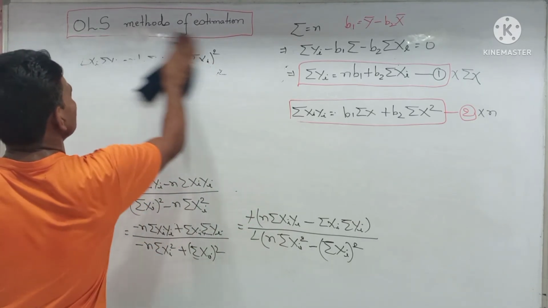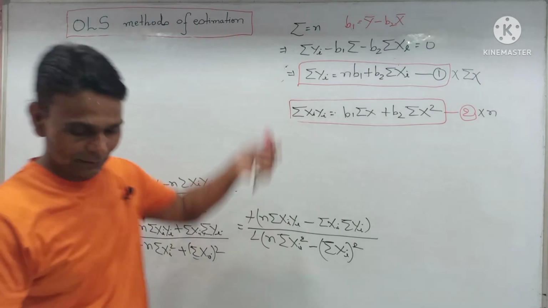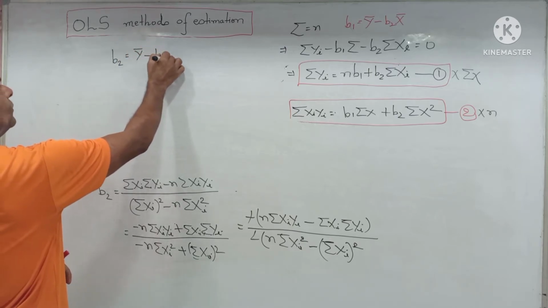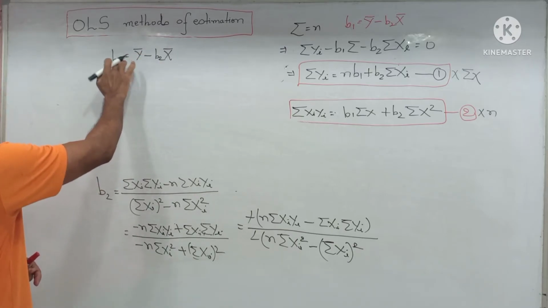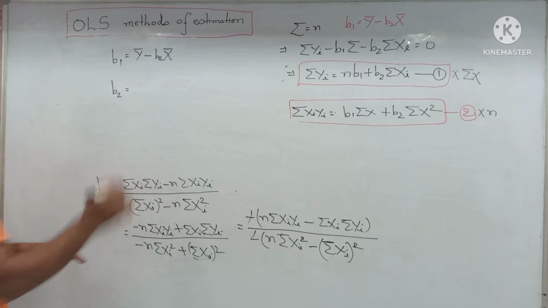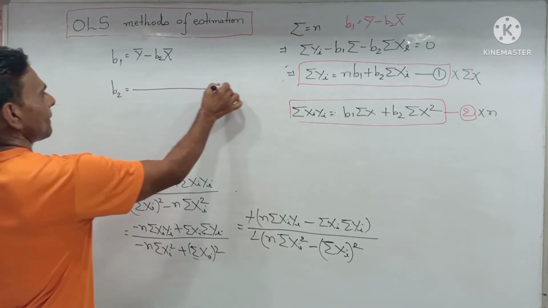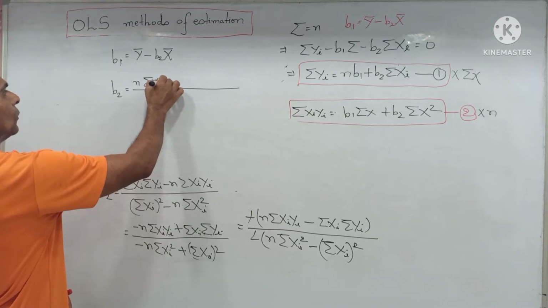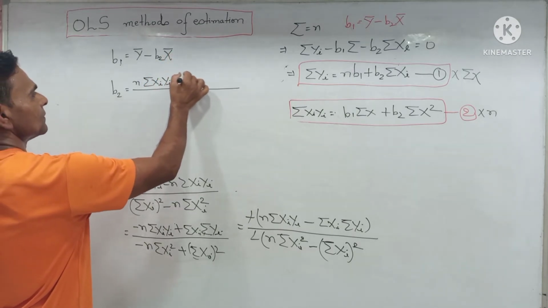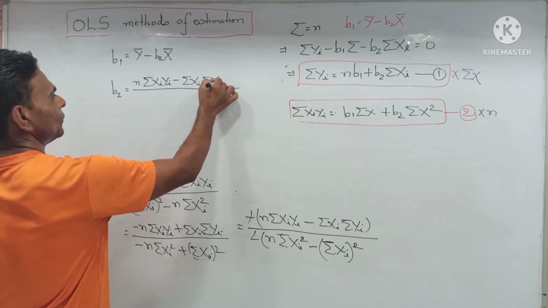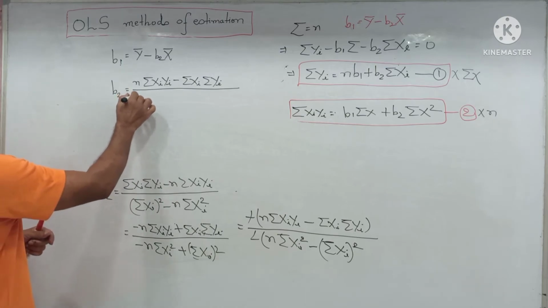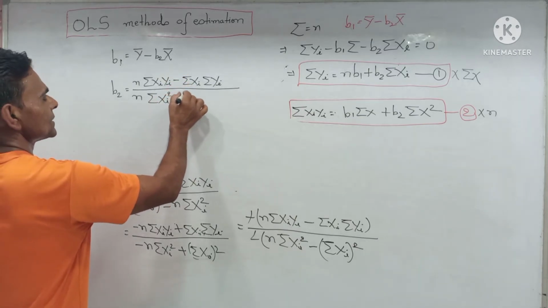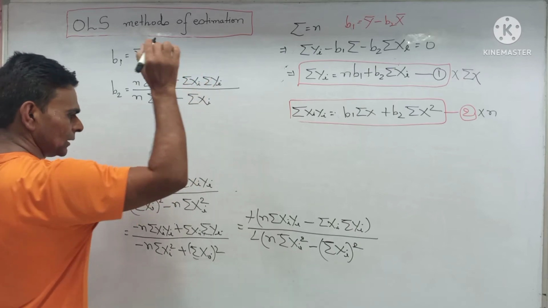Now b1 we calculate as b1 equals mean y minus b2 mean x, where b2 equals n times summation of xi yi minus summation of xi summation of yi, over n summation of xi square minus summation of xi whole square.